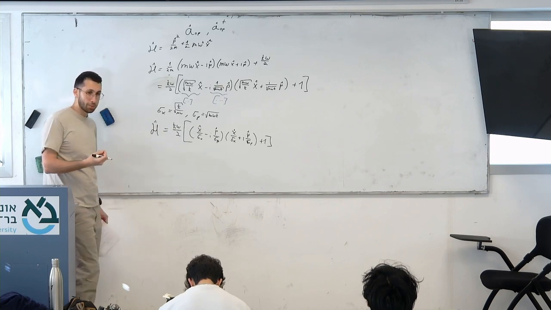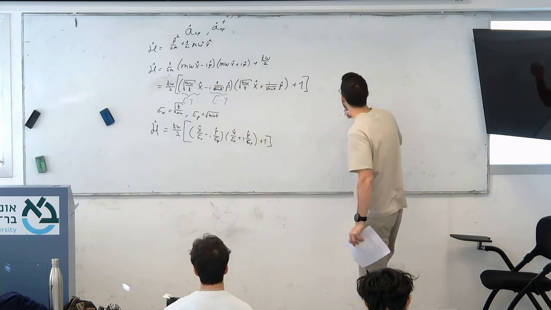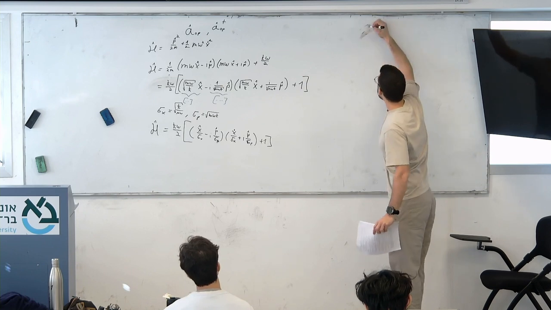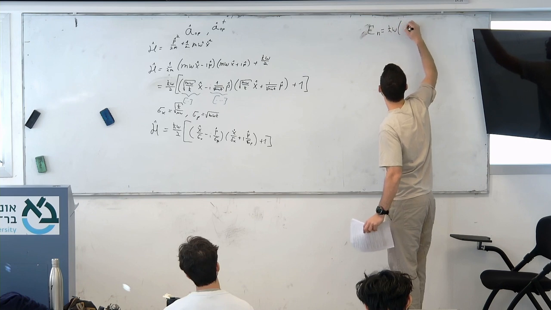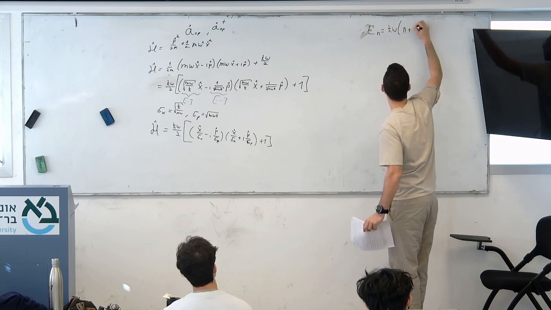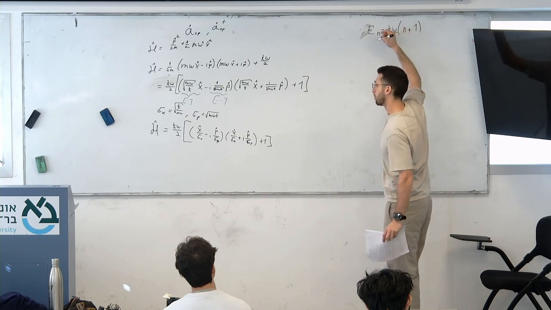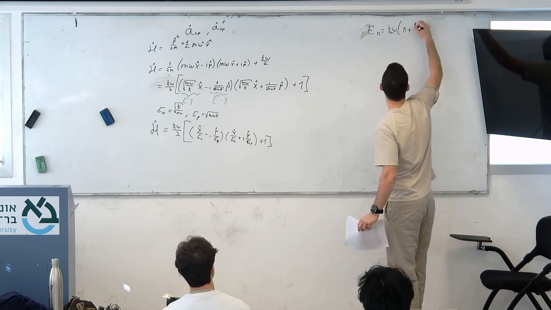It's very similar because we know the eigenvalues for the harmonic oscillator look something like En equals h bar omega times n plus half.